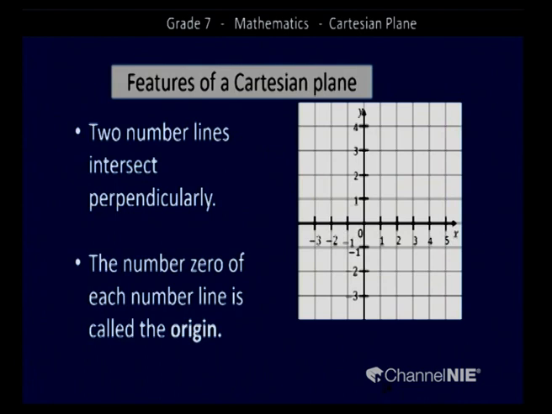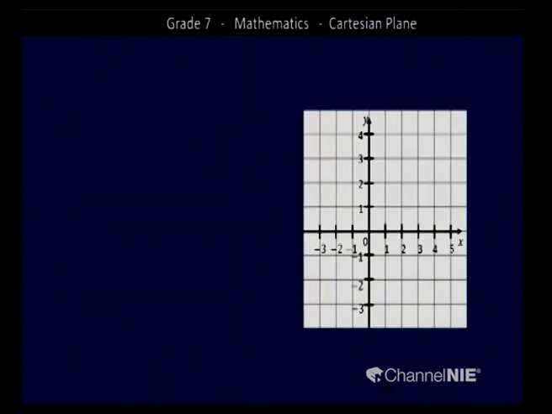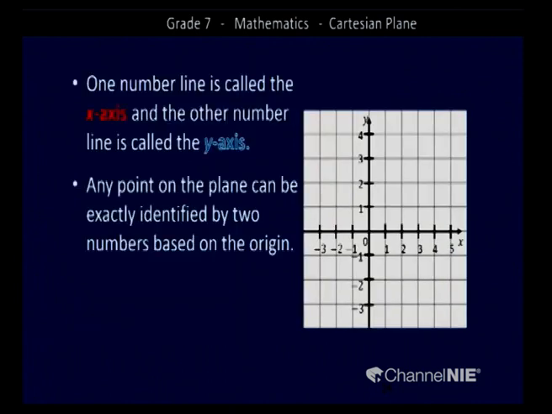Right. Then, the number 0 of each number line is called the origin. So, I told you number 0 of each number line is common in a Cartesian plane. So, that is what we call the origin.